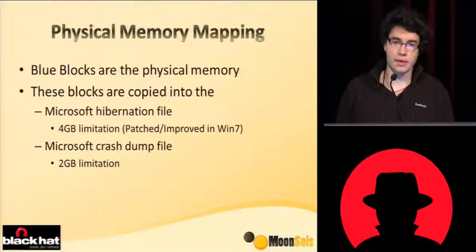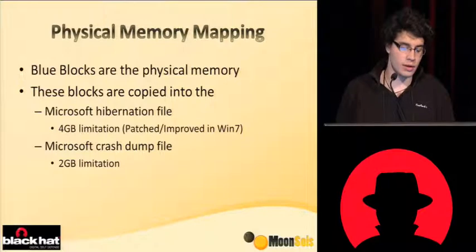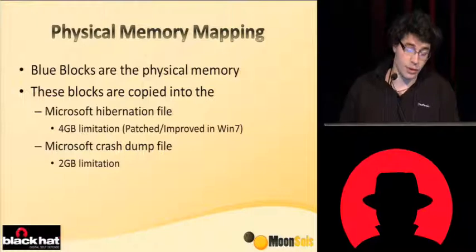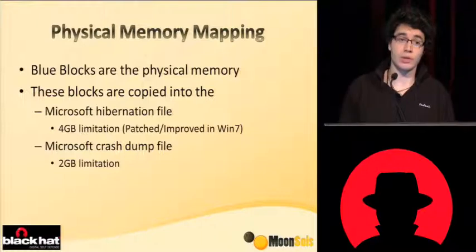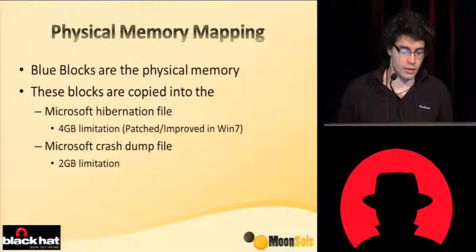It's no longer the case with Windows 7. You can still use the hibernation feature even if you have more than 4 gigabytes of physical memory. And if you want to generate a full memory crash dump with the BSOD, if you have more than 2 gigabytes, you will only have a mini dump, which will be only 64K or 128K.